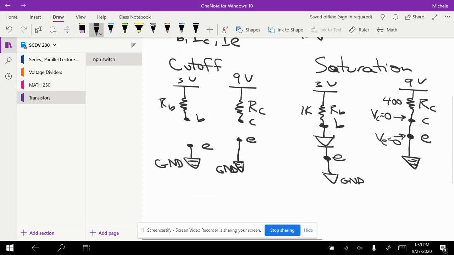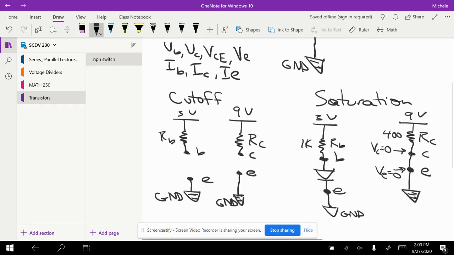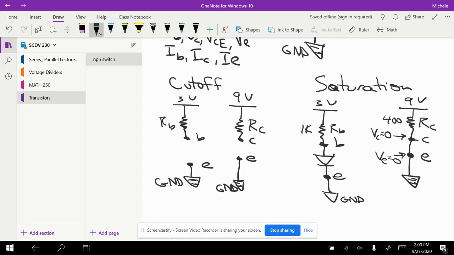Sometimes we have 2 models where we say that the base to emitter junction loses 0.6 volts. And then sometimes we say that VCE, when it's on, is equal to 0.3 volts. And so that means the voltage between here to here is 0.3 volts.